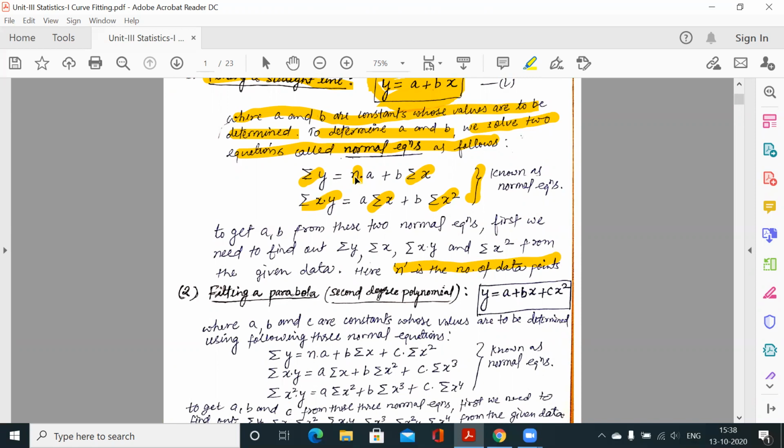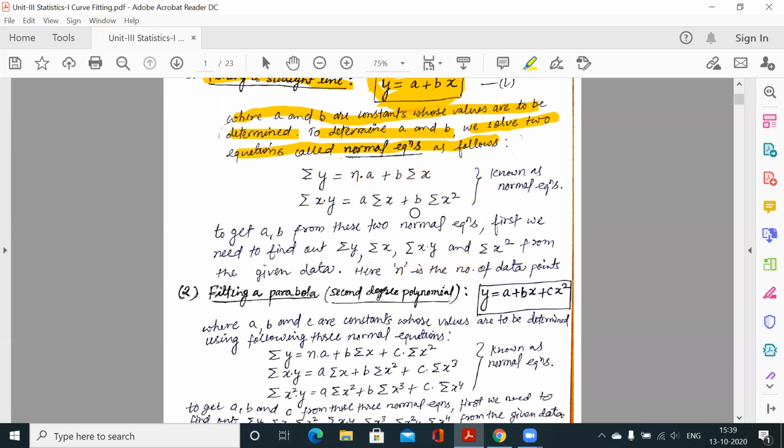So now n is numerical. All these values are numerical. The only things left are a and b. By substituting the numerical values here, these are two linear equations in two unknowns, a and b. We have to solve these two linear equations for a and b, and you know how to solve this.